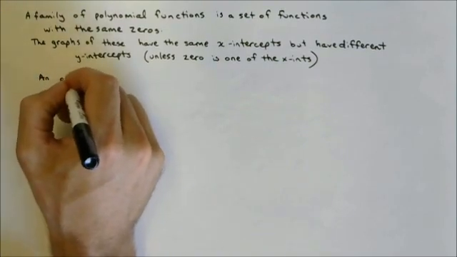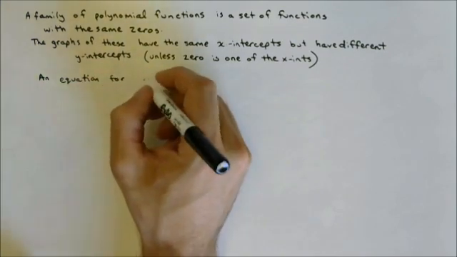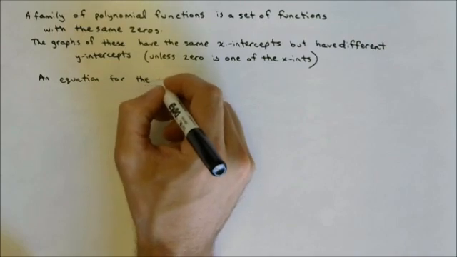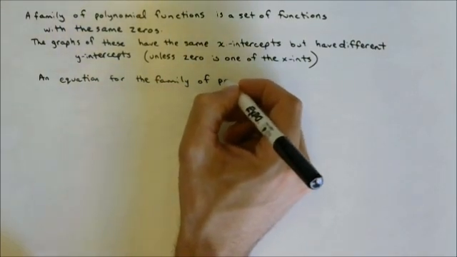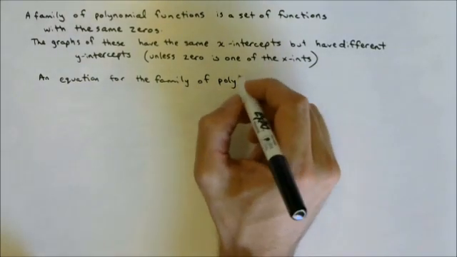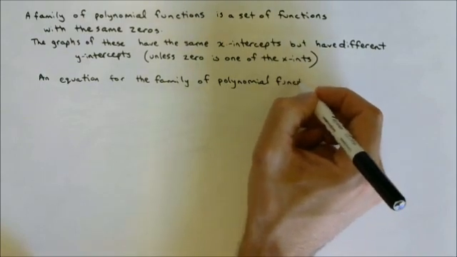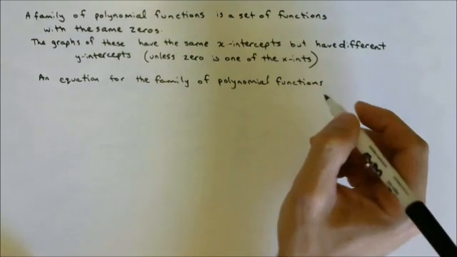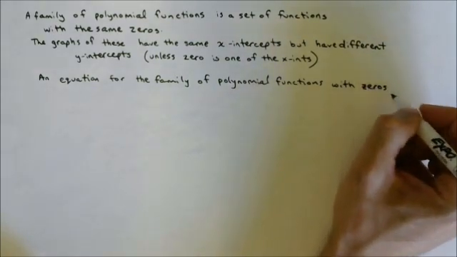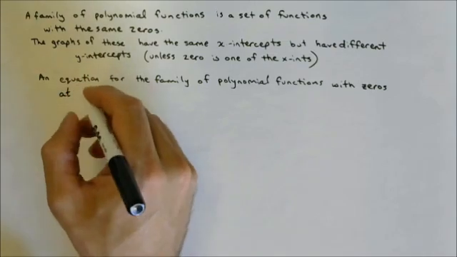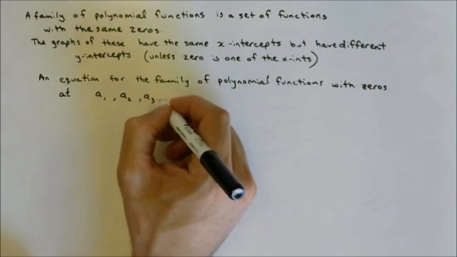An equation for the family of polynomial functions with zeros at a1, a2, a3, and so on.